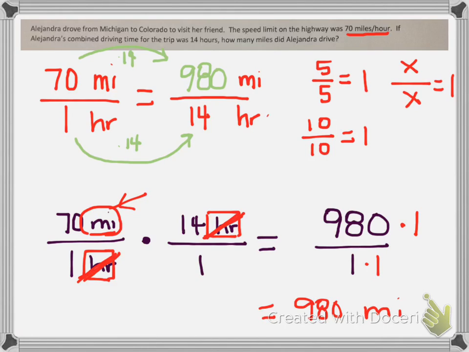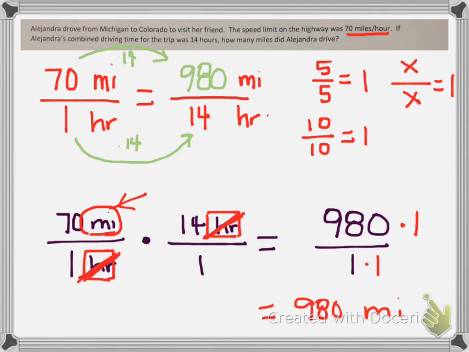Okay, what we've just done is called unit analysis. And what it does is it allows me to use the units to figure out how to solve these answers. It allows us to convert from inches to feet and miles to yards and things like that. And we're going to be using this concept in the next few lessons.